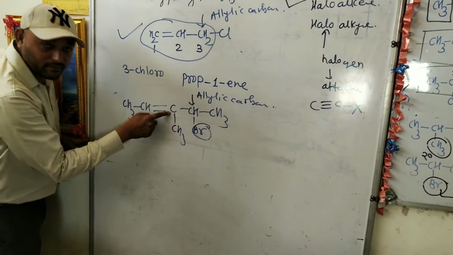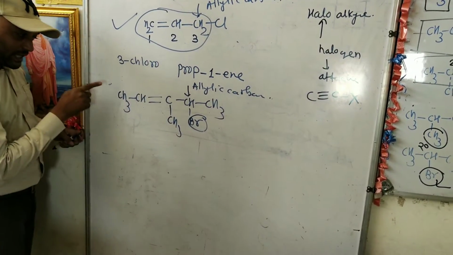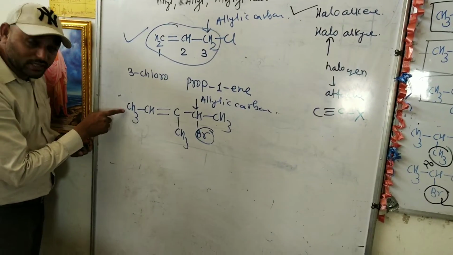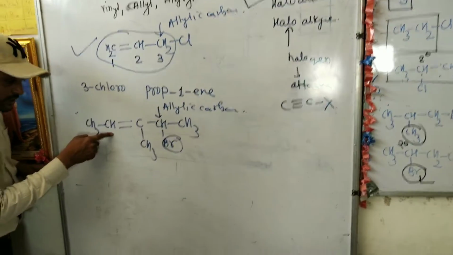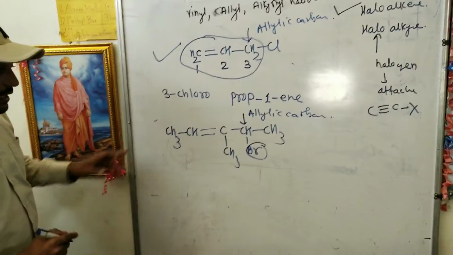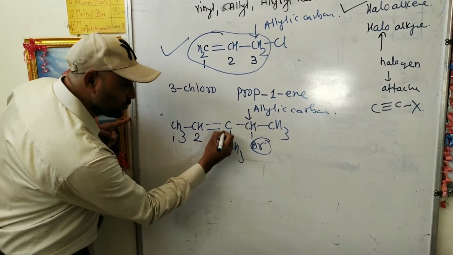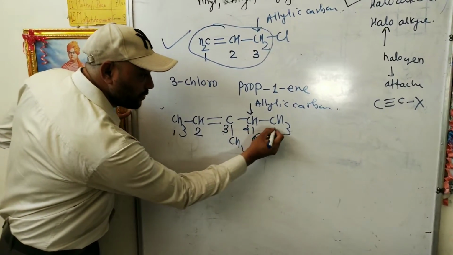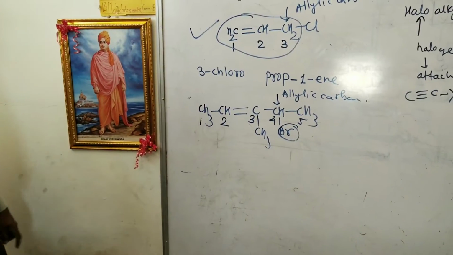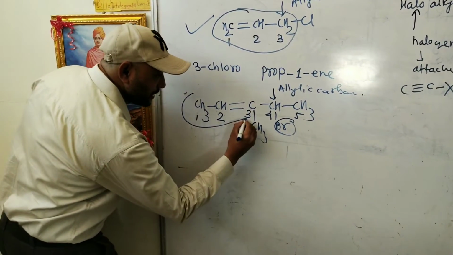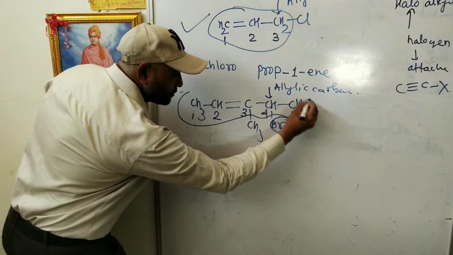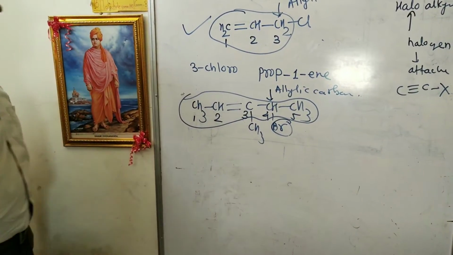And if we select from this side, 1, 2, the double bond comes to the 2 number. That's why the correct selection is from this side, 1, 2, 3, 4 and 5. So a chain of 5 carbons is obtained in this case.